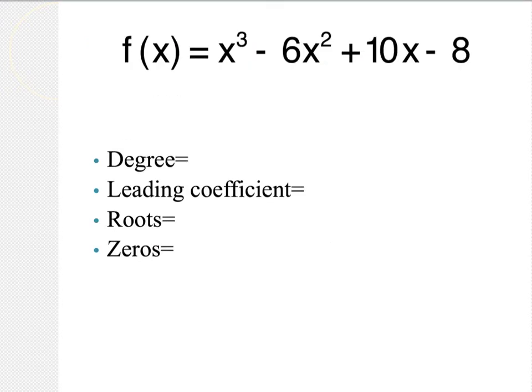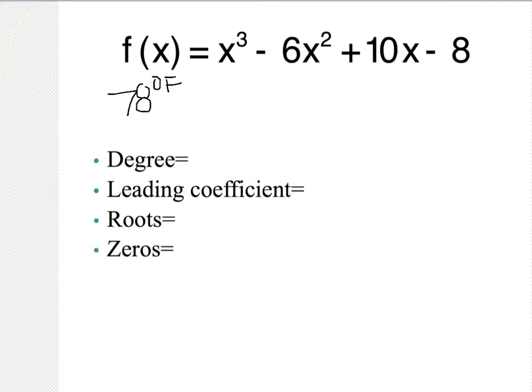Now if we turn to our first example, f of x equals x cubed minus 6x squared plus 10x minus 8. The first thing we want to do is find the degree. You're probably more familiar with degree when you think of the temperature outside, seeing that degree symbol, such as 78 degrees Fahrenheit.